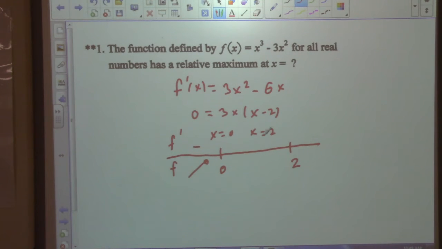And then between 0 and 2, we would have a positive times a negative. Well, excuse me, that's positive there, that's negative there, right? And then greater than 2, we would have this little thing. So where do we have a relative maximum? 0. So relative maximum at x equals 0.